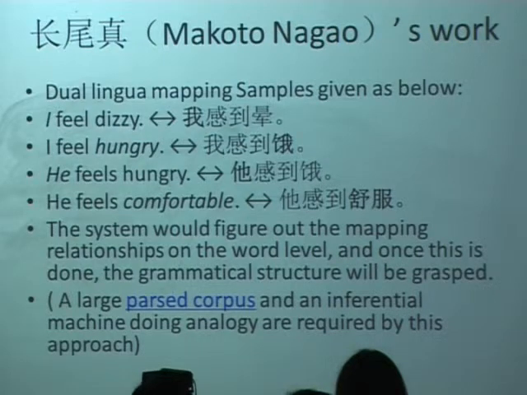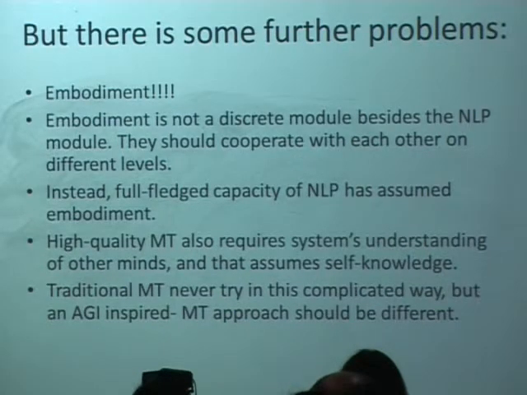Okay, finally, I will have some brainstorm ideas concerning NLP. Because we are doing natural language processing or understanding in the context of AGI, not in the context of traditional AI. And in traditional AI, the goal is very low. We only need to get the machine to do a translation job which looks basically good or barely good.